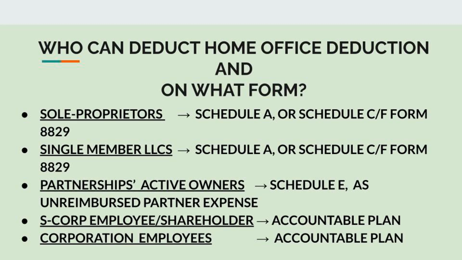For partnerships, if you're an active owner, you would be using Schedule E as part of your Form 1065 as an unreimbursed partner expense. Then there's the S-Corp employee or shareholder, as well as the corporate employee. There's this thing called an accountable plan, and I'm just going to briefly go over it to give you some ideas about it.